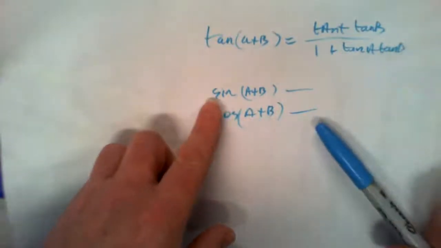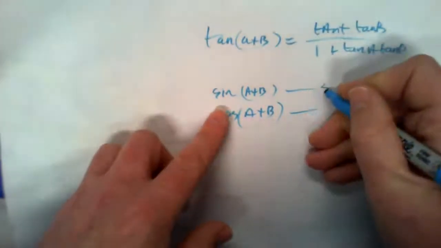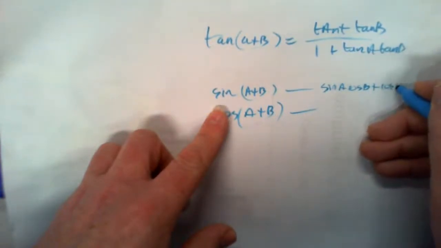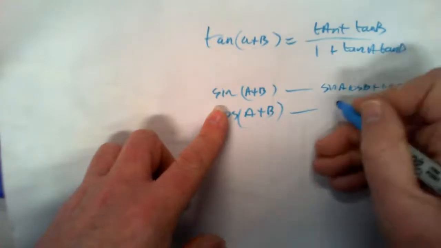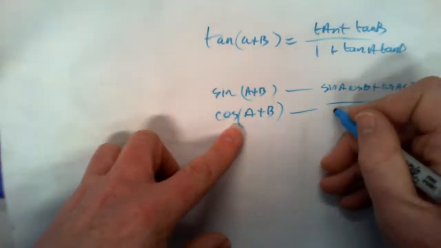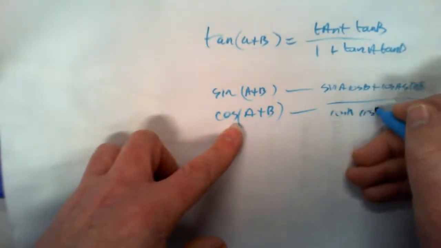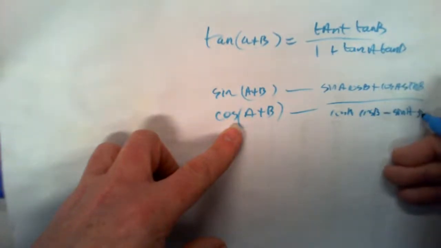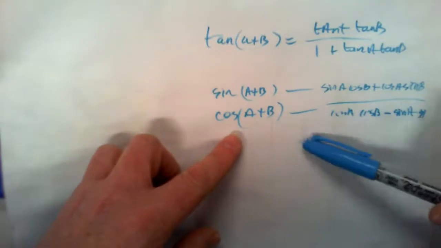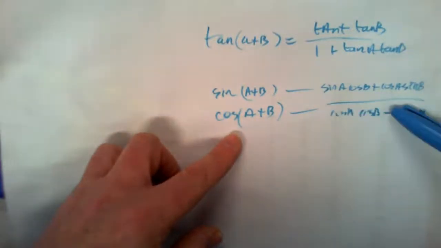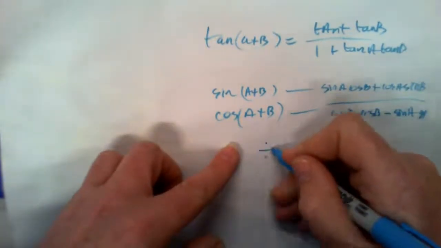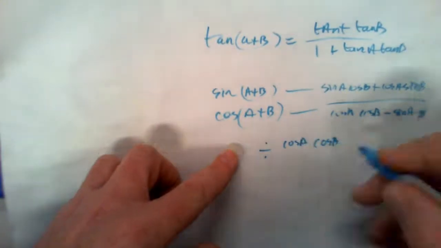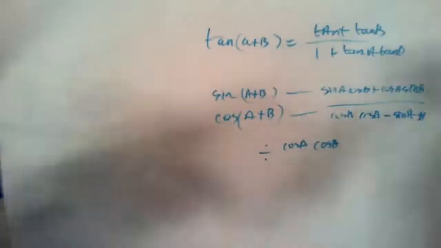So let's expand both these out. That's going to be sine A cos B plus cos A sine B over, this one's going to be cos A cos B minus sine A sine B. And then remember, we divide everything by cos A cos B. So divide top and bottom by cos A cos B, and that will derive it into that, because sine over cos gives you tan.